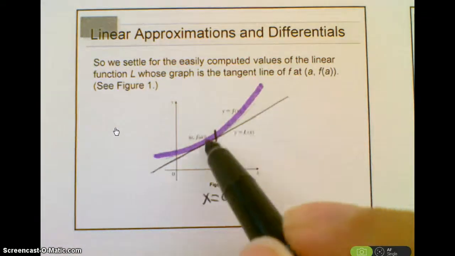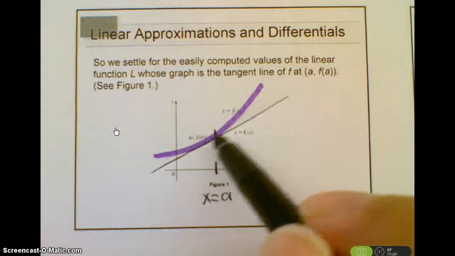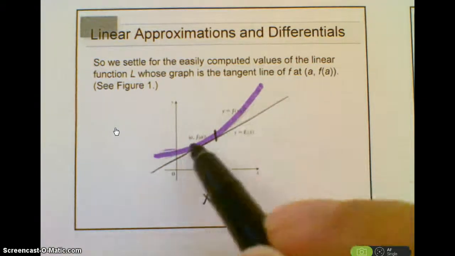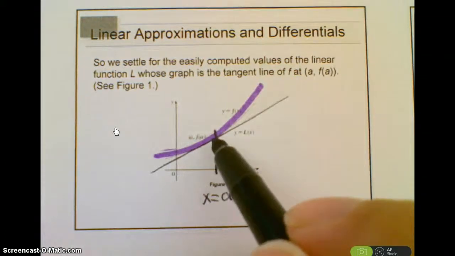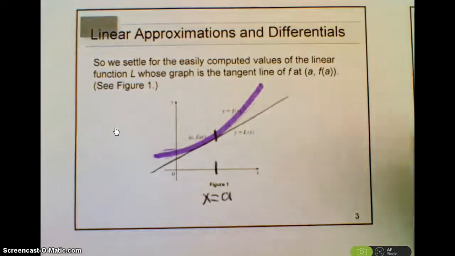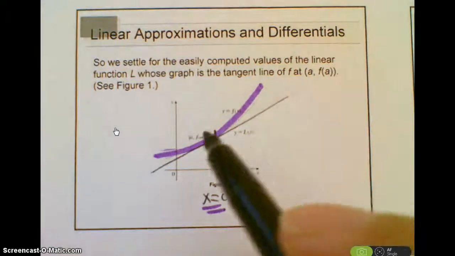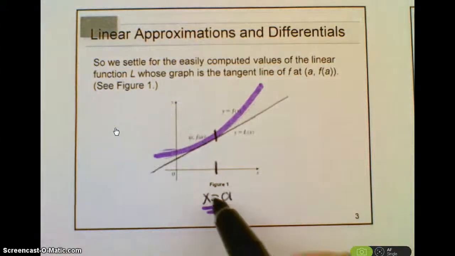So locally, around x equals a, it almost looks like a straight line. So this function and the tangent line at that point are going to start looking almost the same. It will never be the same, but it almost looks the same. And that is true for any x in the domain, although you know that the tangent line changes as the value of a changes.